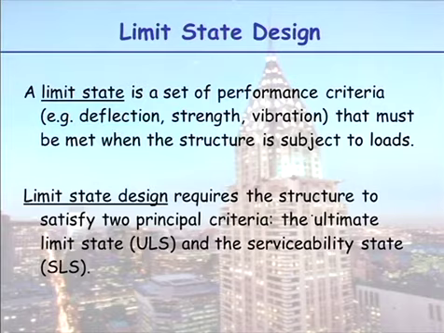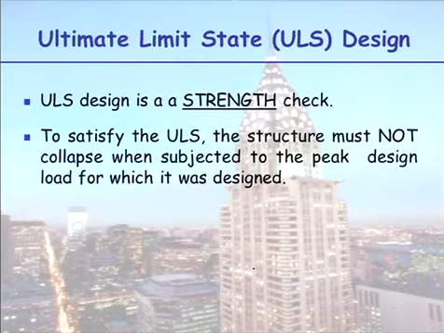So limit state design requires the structure to satisfy two principal criteria, what we call ultimate limit state criteria and serviceability limit state criteria. Ultimate limit state criteria is a strength check. That's the failure design.